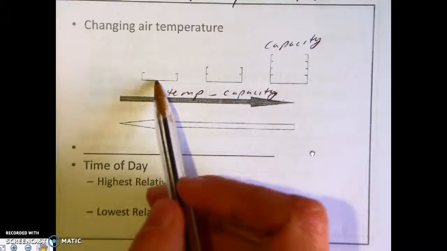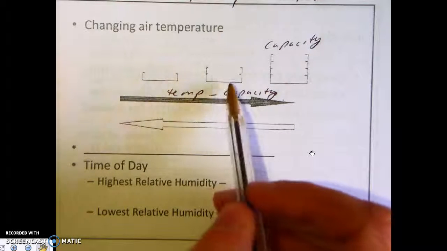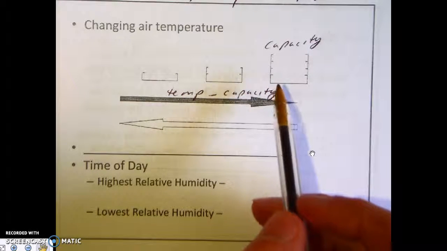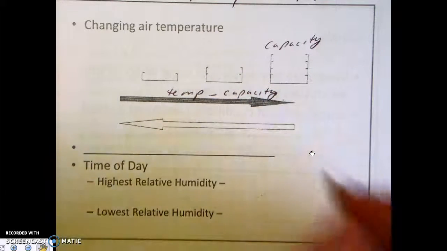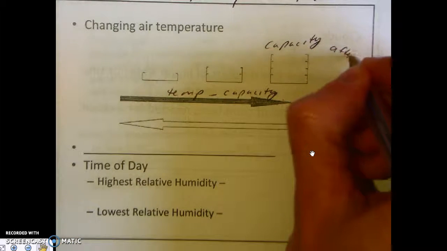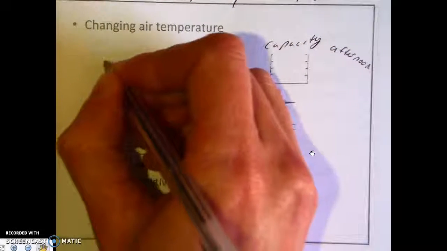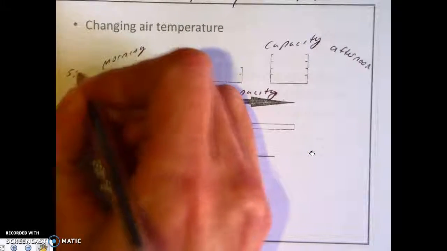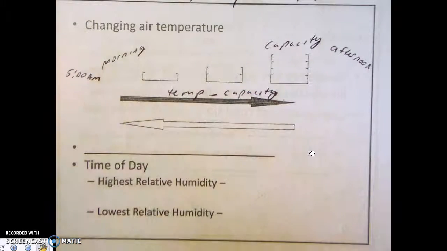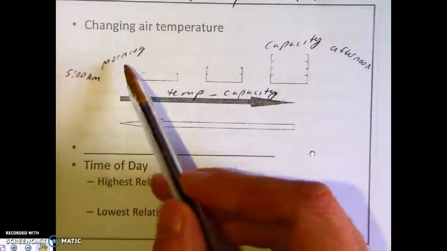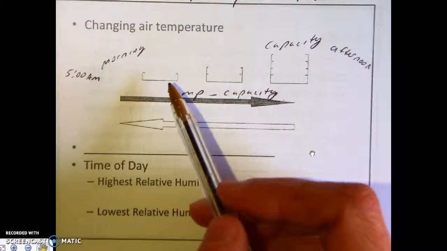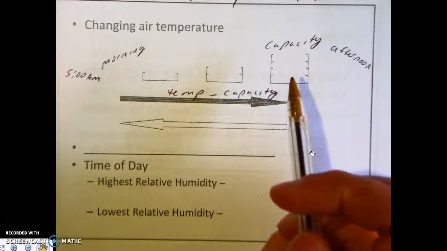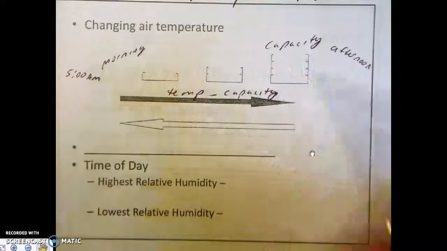In the morning, the temperature is cooler, and then as we approach noon and maybe even 2, 3 in the afternoon, temperatures are usually at their highest, and we are at our greatest capacity. So maybe this is afternoon, and maybe this is early morning. Maybe even really early morning, maybe like 5 a.m., really, really early. So in the early morning, before the sun rises, we have a low capacity to hold air. And as the day goes on, and as we move into the afternoon, into our warmer temperatures, capacity is increasing.